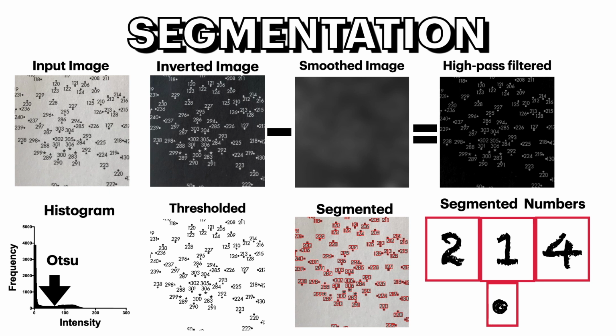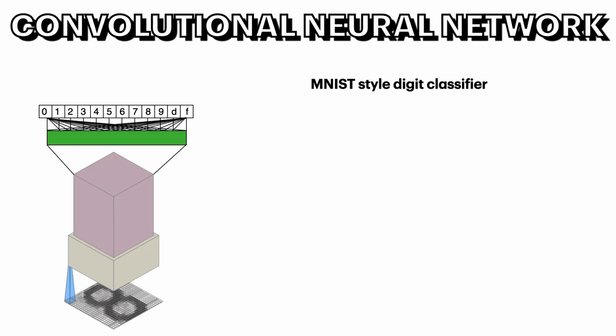But at this point the algorithm doesn't know what is in each of the boxes. So what we need to do is find some way of classifying them, so that we can say this form which looks like a 2 is a 2, and this is a 1, and this is a 4, for example. For that we use a convolutional neural network, and we're going to use an MNIST style digit classifier, which is a very famous and very common form of neural network.